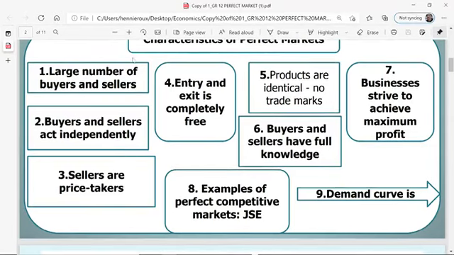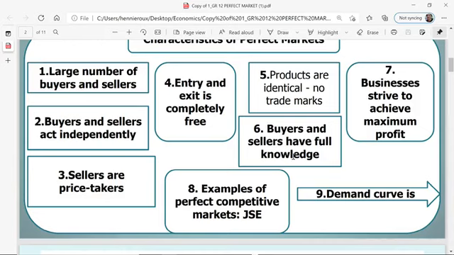Number 4, entry and exit is completely free, meaning anybody can enter or leave the market at any time or for any reason. Number 5, products are identical. There are no trademarks here, right? Meaning the products are all exactly the same, as I said earlier on. Number 6, buyers and sellers have full knowledge.